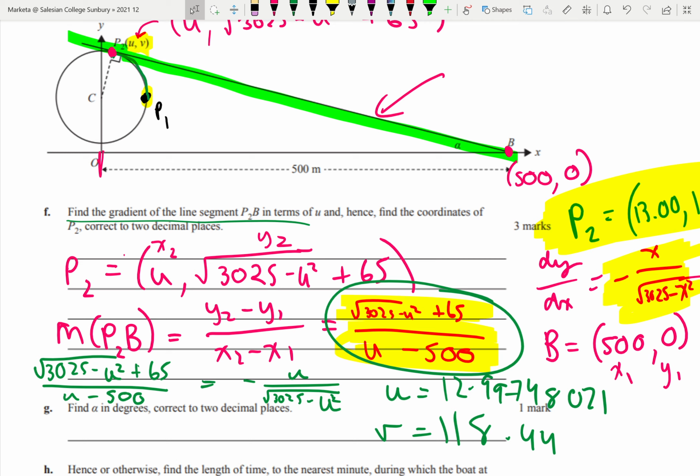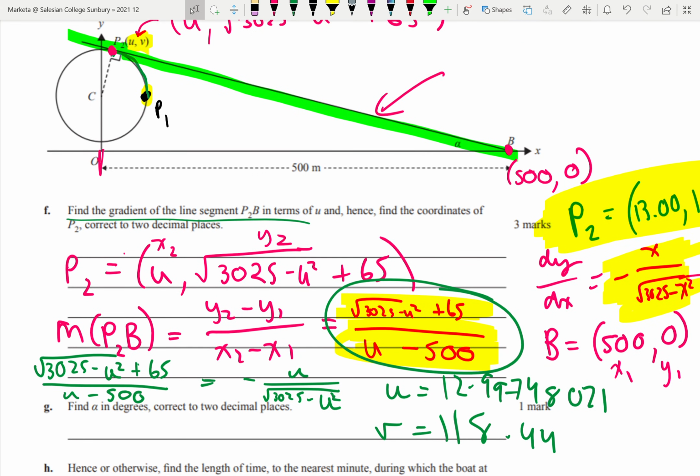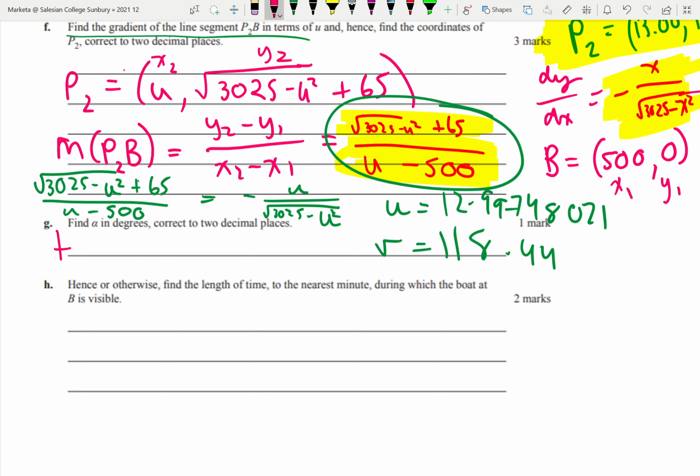So the next part, they are asking us to find alpha in degrees correct to 2 decimal places. Okay, let's think. Alpha, what is alpha? Okay, alpha is here. And remember that to find a gradient, well, we can go tan theta equals the gradient. And in our case, we're looking at alpha, tan alpha equals the gradient.